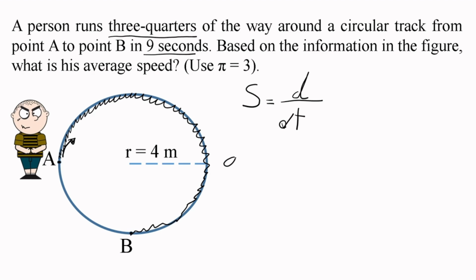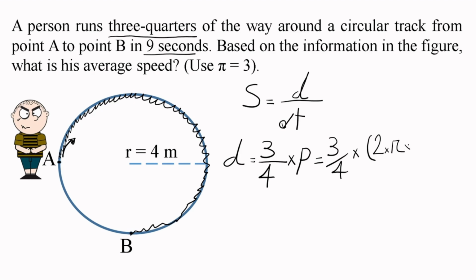So D will be equal to 3/4 times the perimeter of this circle. Okay, it would be equal to 3/4 times, what is the perimeter of the circle? 2 times pi times r. Okay, let's replace the values and I'm going to continue here.